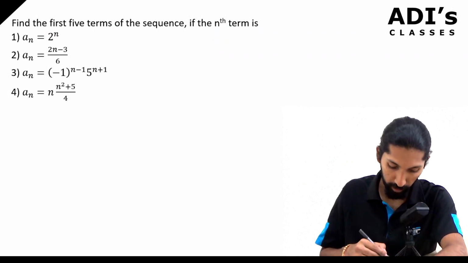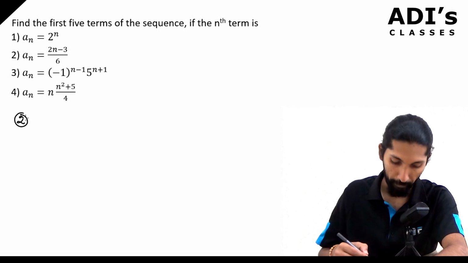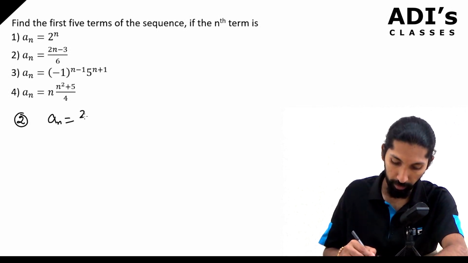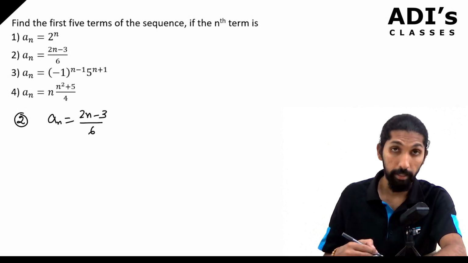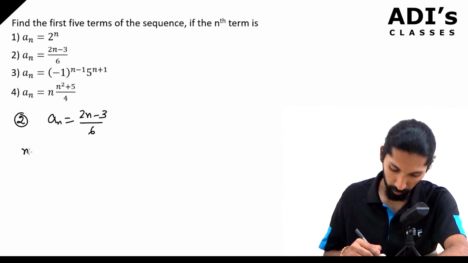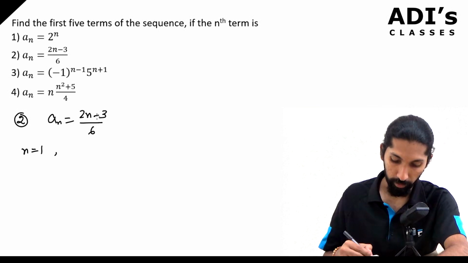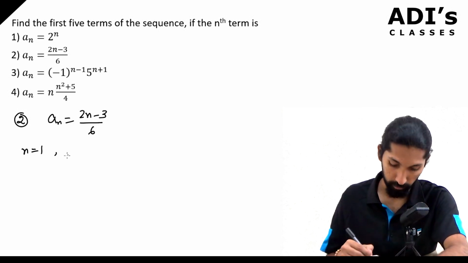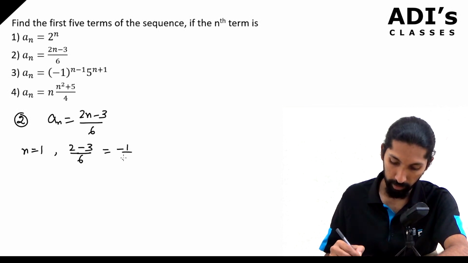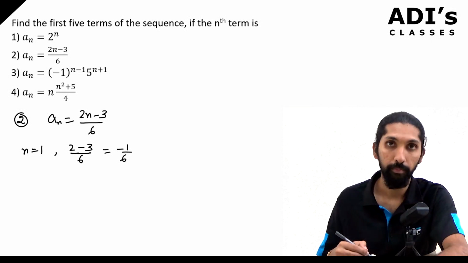For the second one, the nth term an is equal to (2n minus 3) divided by 6. Let's start by taking n as 1. If n is equal to 1, then we get 2 minus 3, so we'll write it like this: 2 minus 3, that's minus 1 by 6. That's the first term.